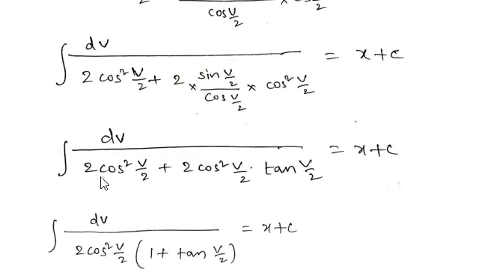Once again, you can take out 2 cos square v by 2 as common, and the remaining is 1 plus tan v by 2.